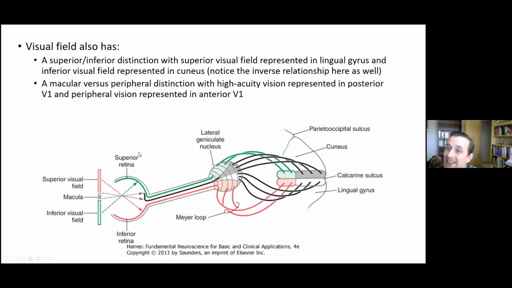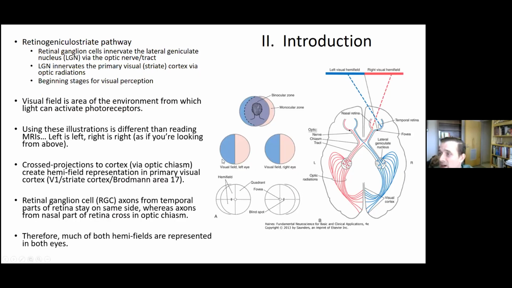Now, that's not the end of the story. Let me back up for a second. Not only do you have partial crossing of information for right and left, so you have a partial crossing of left eye information going to the right side of the brain, partial crossing of right side information going to the left brain.